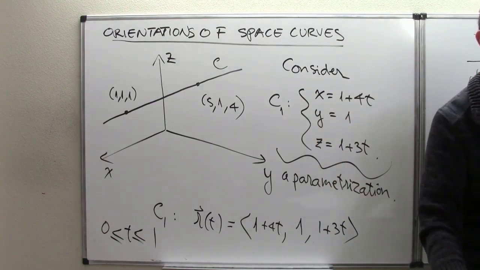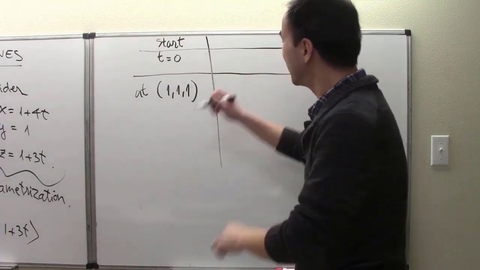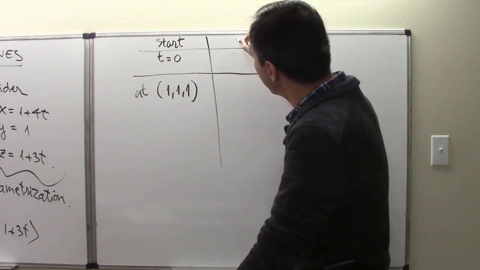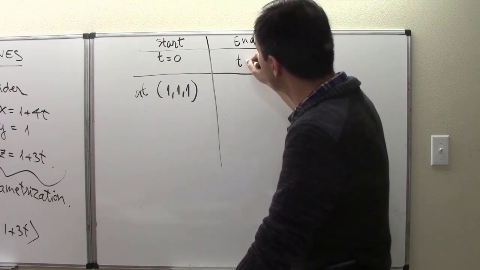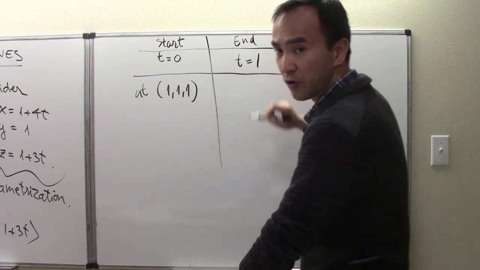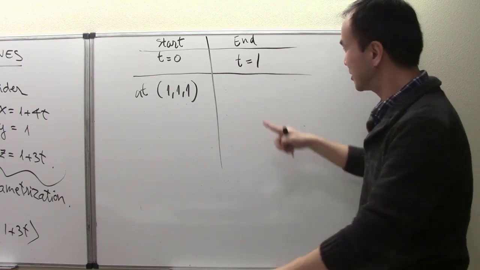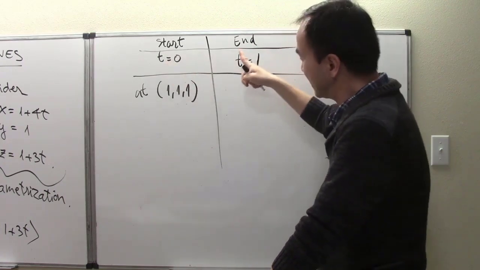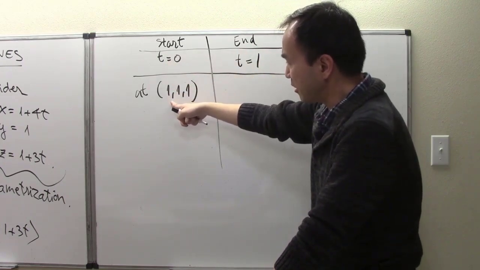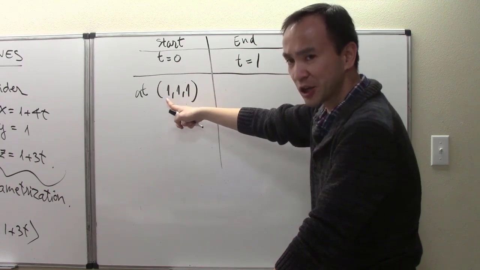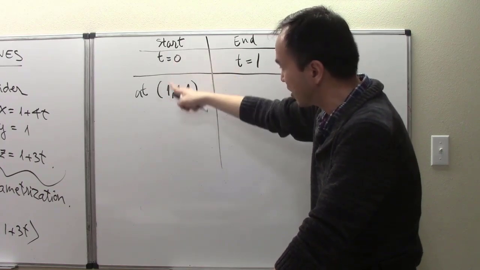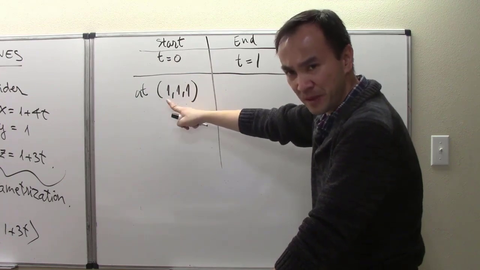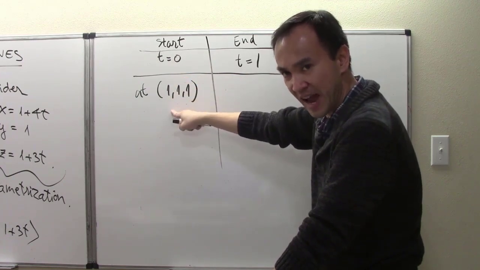At the end of the interval, t reaches 1, because the interval for t is only from 0 to 1. As t changes from 0 to 1, think of a particle on the line that starts at t equals 0 physically on that path at that location.